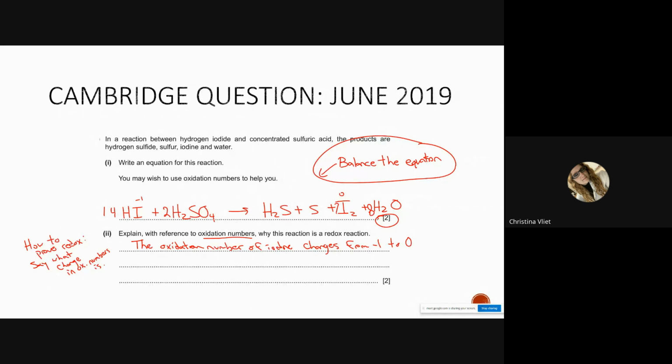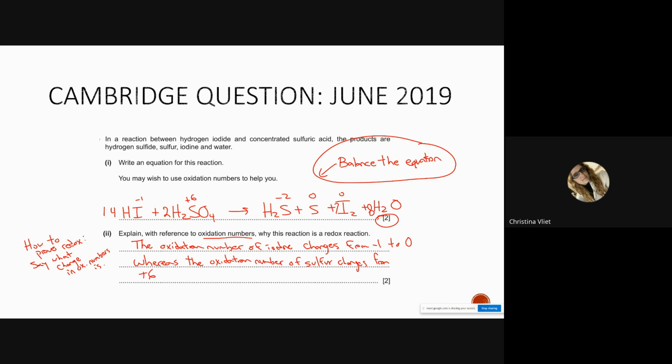And where would the other point be? Whereas the oxidation number of sulfur changes from +6 to -2 and 0.